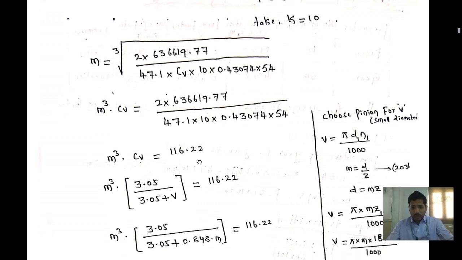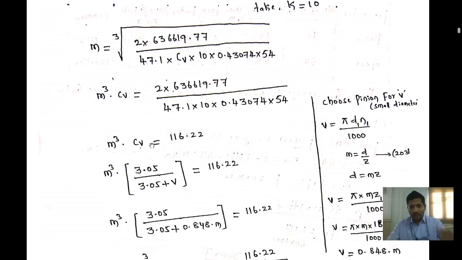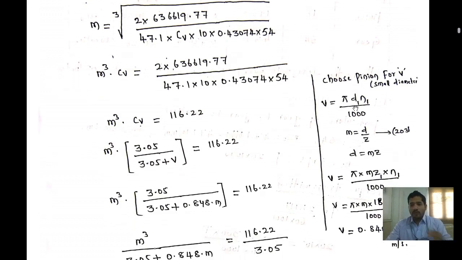116.22, clear. After that we need to find out the velocity factor value. We have the formula 3.05 by 3.05 plus V. So in this case we need to find out the value of V. For that reason we have to go for velocity. V is equal to pi d1 n1 by 1000.